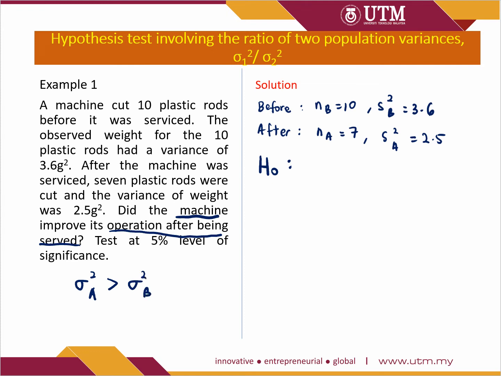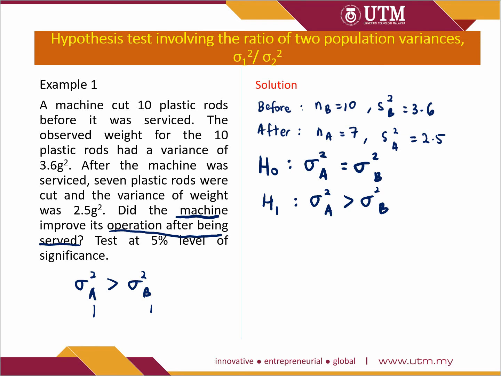The arrangement should be the same: the null hypothesis is the variance after equals the variance before, and the alternative hypothesis is the variance after is better than the variance before.